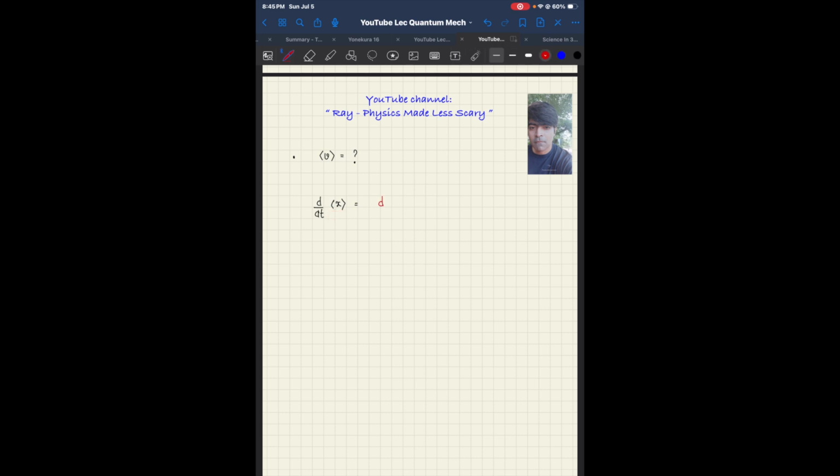So it's d/dt of the integral over all space, for the time being I'll just denote it from minus infinity to plus infinity, dx x |psi(x,t)|^2. Again, if you go back, this was the definition of expectation value of x, right?